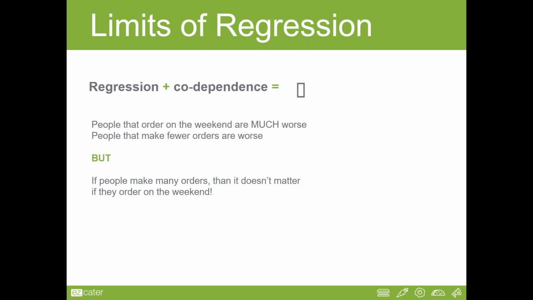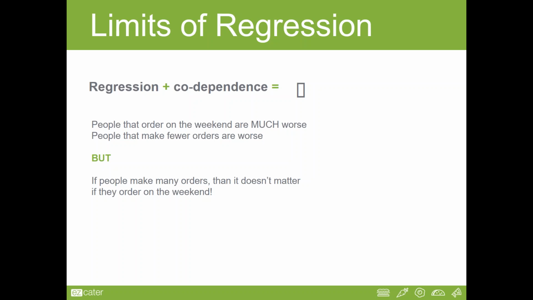My understanding of the problem is that when we tried to do regression on this fairly tricky problem, we would end up in cases where people that order on the weekends are worse. If you order catering for Saturday, it's likely that you're not a business case, and that's not as good. Also, people that make fewer orders are worse, which is obvious.